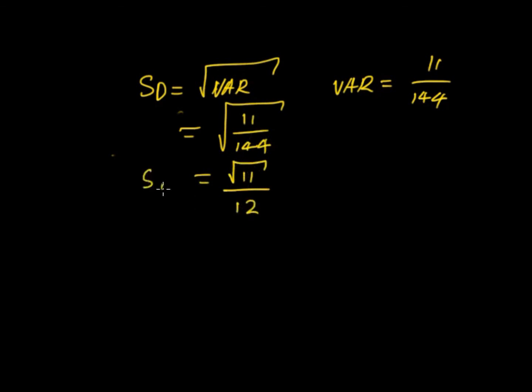So the standard deviation is equal to square root of 11 on 12. This is an exact answer, so that's if they didn't ask for any decimal places. If they did, then you put it into your calculator and you put it down to however many decimal places the question asked for.